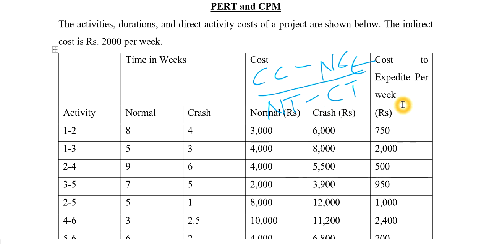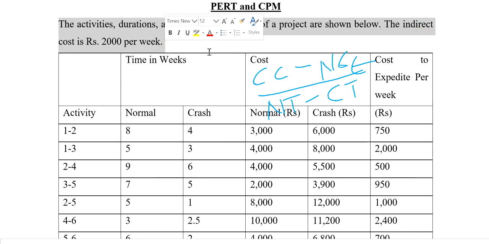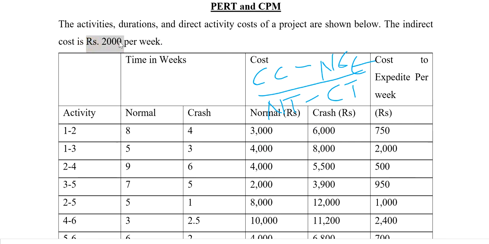Before moving forward, there is additional information given in the question: the activities' duration and the direct cost of the project are given below, and the indirect cost is rupees 2000 per week. So the cost of 2000 per week is given for each week, which is not included here. We have to consider this 2000 rupees later on when we do the final calculations, and we'll see how we are going to do that.